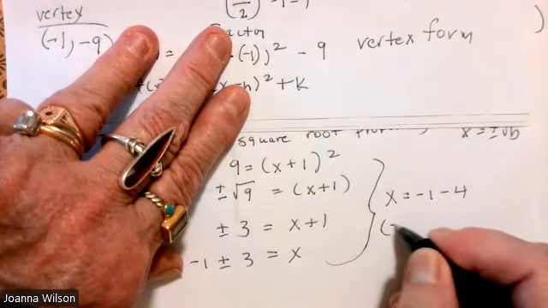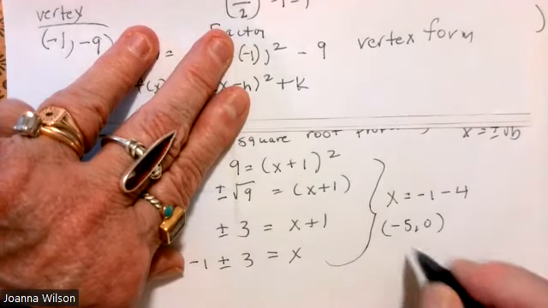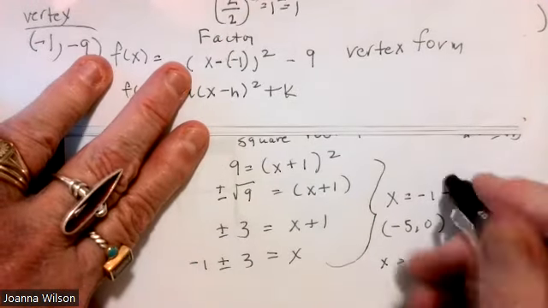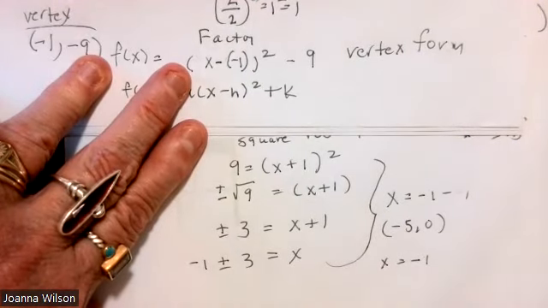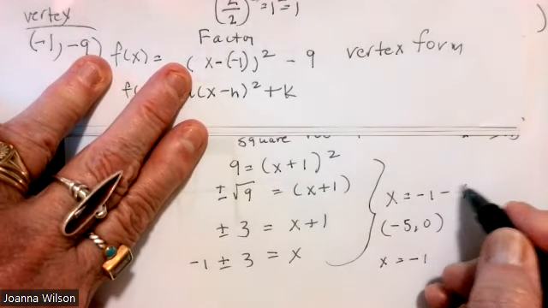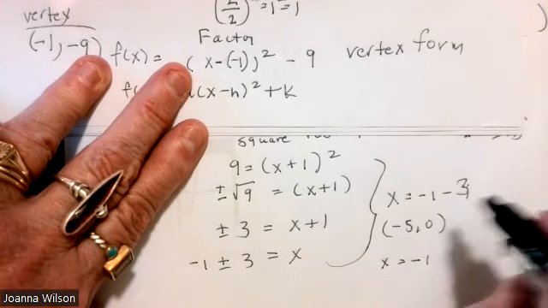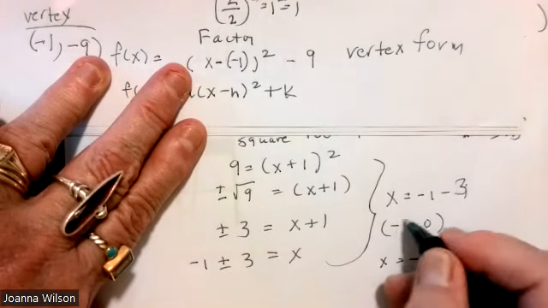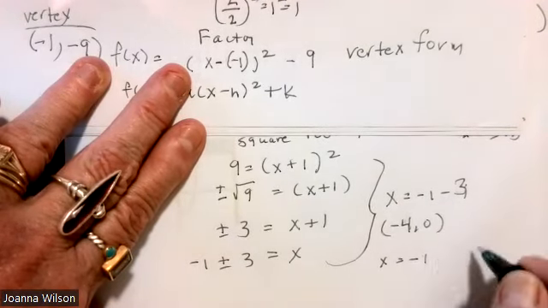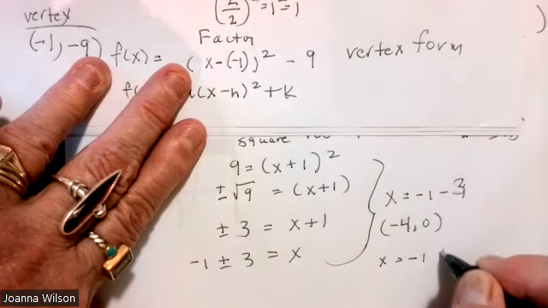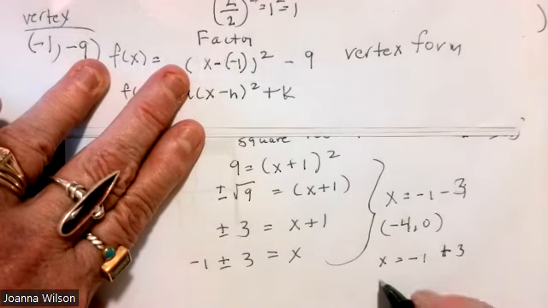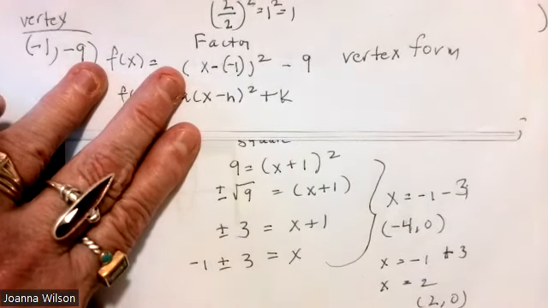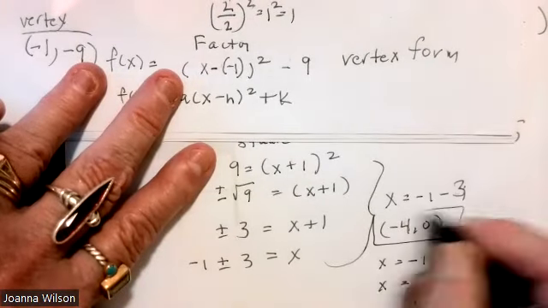And so that's going to be a -5, 0. I'm sorry, that was supposed to be a 3 here. I don't know why I put a 4 there. -1 minus 3 is going to be a -4. And then the other one will be -1 plus 3. So that'll be x equal 2. So the other one is 2, 0. I believe that's right. So those are the x-intercepts.